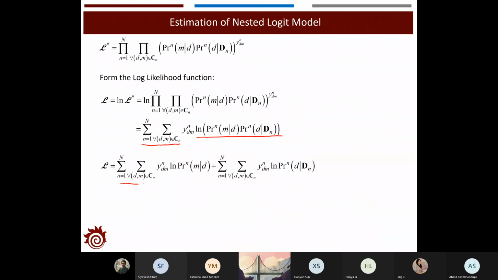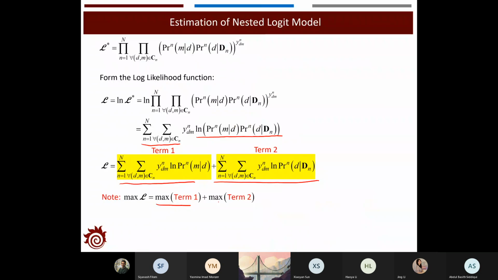So with that, you can write this log likelihood function into two components. One is related to the conditional probability, the other one is related to the marginal probability. We can work on the maximization for each one of them independently. So we can start with the maximization of term 1, and then work on the maximization of term 2.